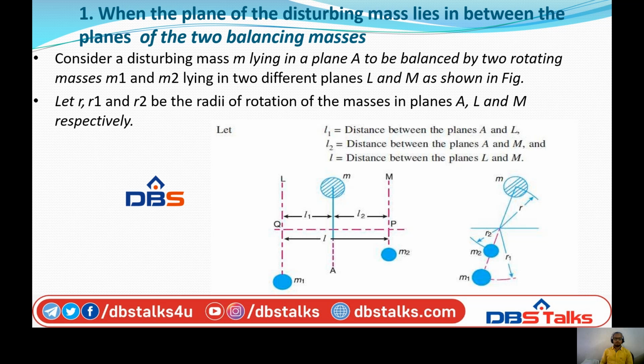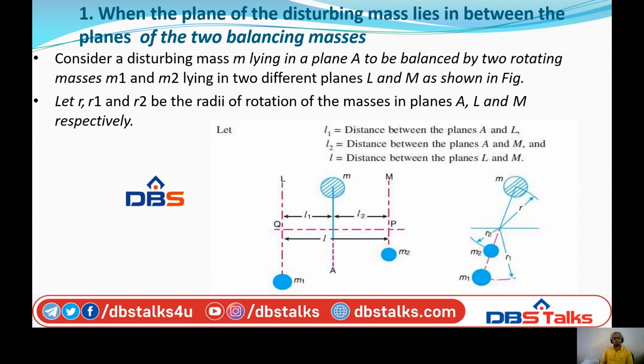So the total length between L and M is L, and the mass M is kept in the plane A. The distance between the A and L planes is L1, and between the A and M planes is L2.